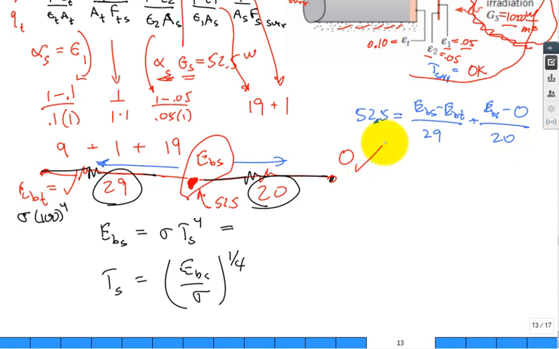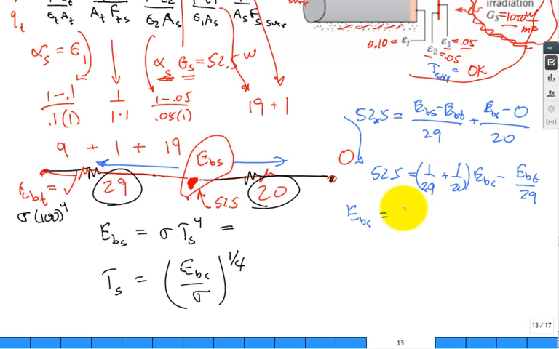So algebraically, this is 52.5 equal to 1 over 29 plus 1 over 20 times EB shield, minus EB tank divided by 29. So EB shield is equal to 52.5 plus EB tank divided by 29, divided by 1 over 29 plus 1 over 20.